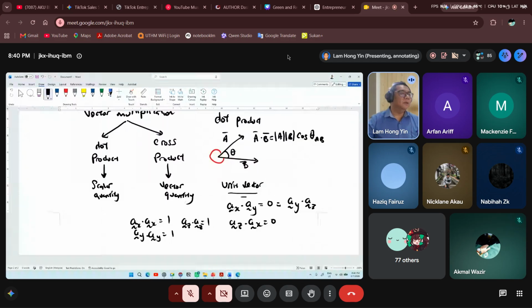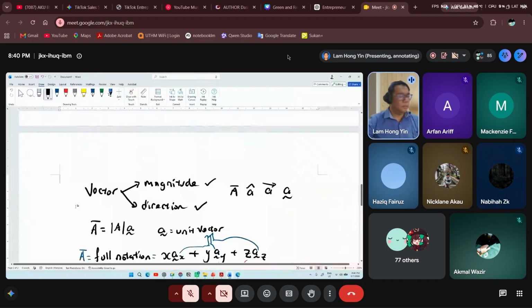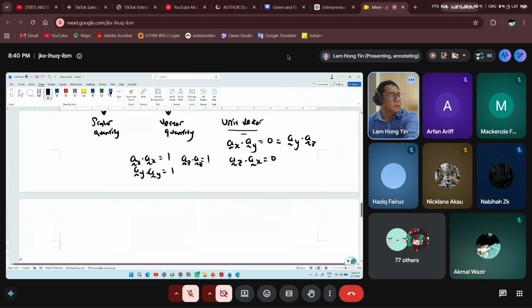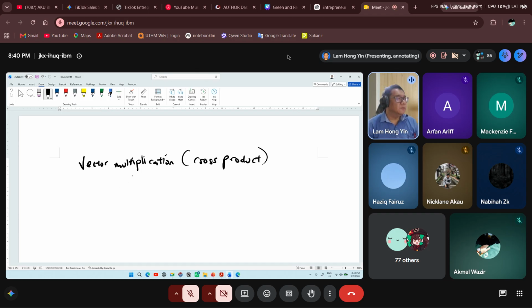Then what about the cross product? Let's move to the page. The way we extract the information of the cross product is a little bit tedious.